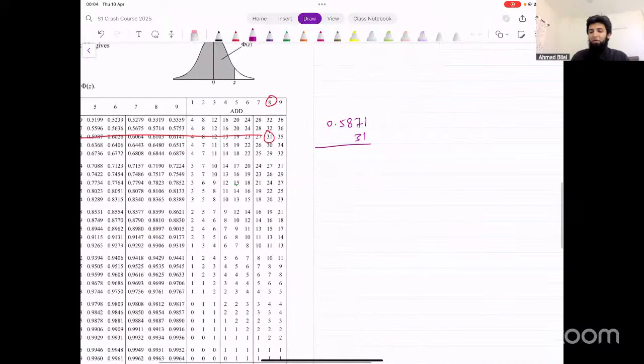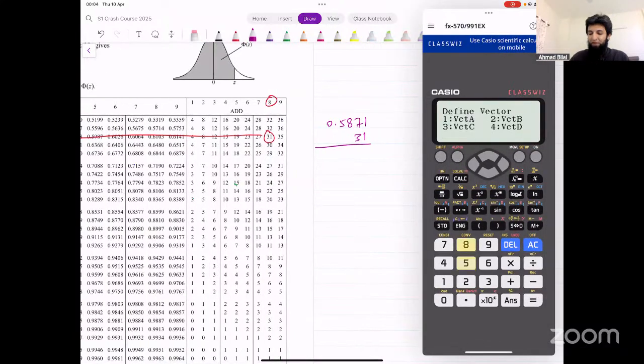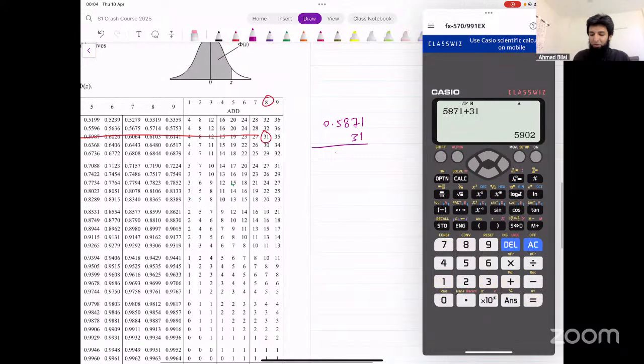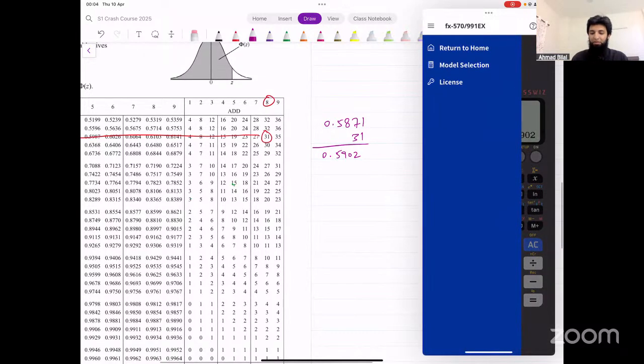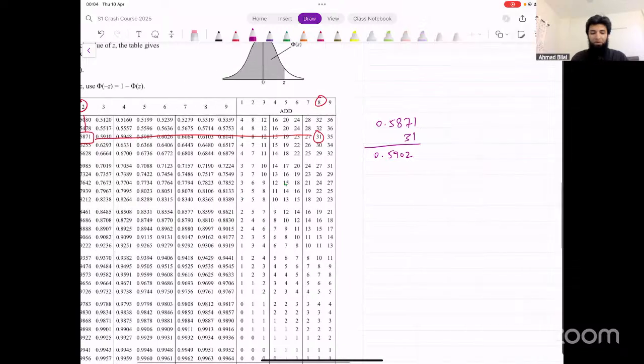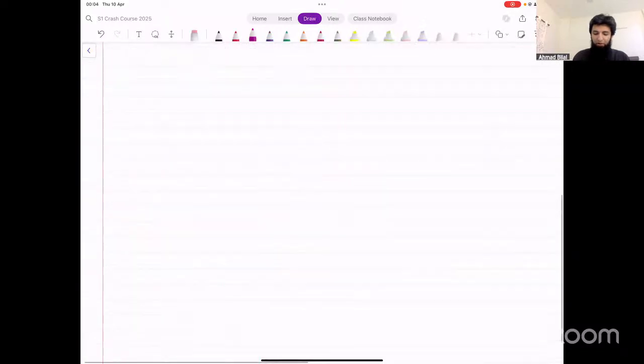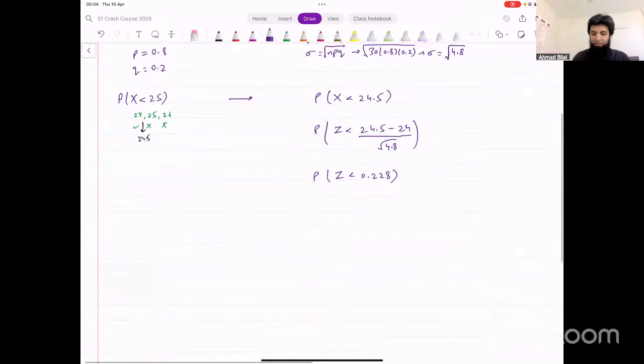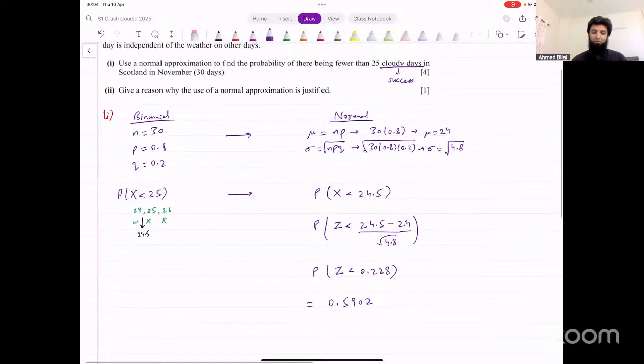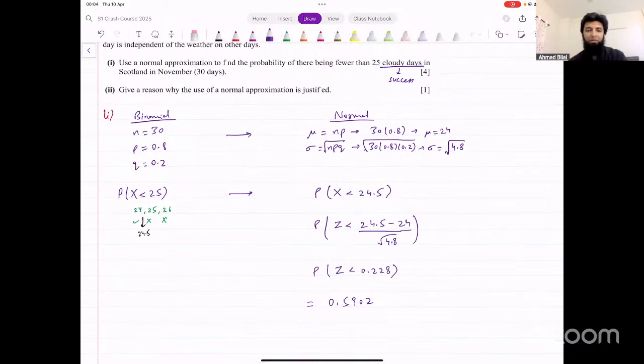On your calculator, you would do something like this: 5871 plus 31. That gives you 5902. You write 5902 here, and you put a decimal in the beginning, 0.5902. Okay, that's what you have, 0.5902. You write that here, and that's it. That's the probability that we were looking for. Okay, that's how this approximation is going to be used.